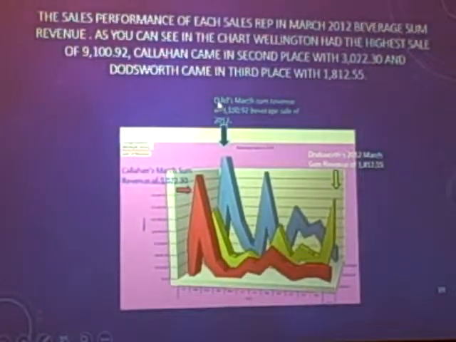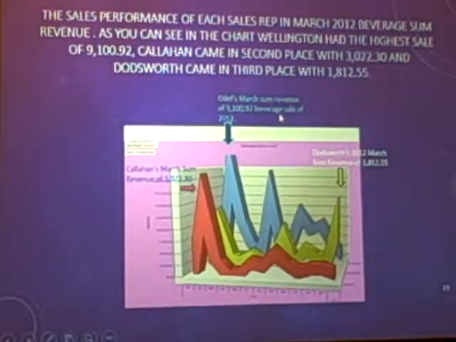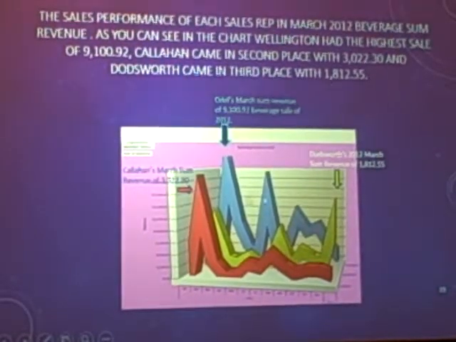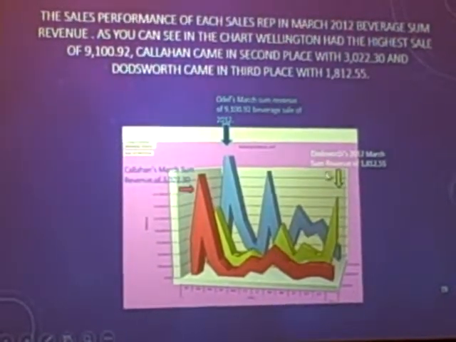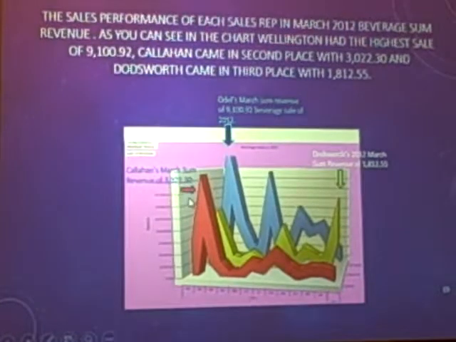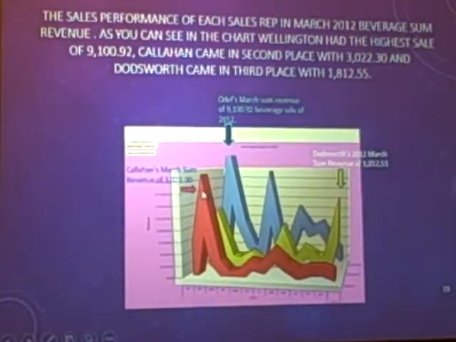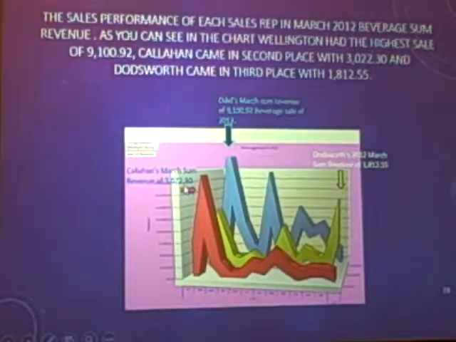In March of 2012, you can see that I made 9,192 in beverage sales, and you can see the second revenue right here. The second sales growth was Callahan's March sum of 2012, a sales revenue of $3,022.30.